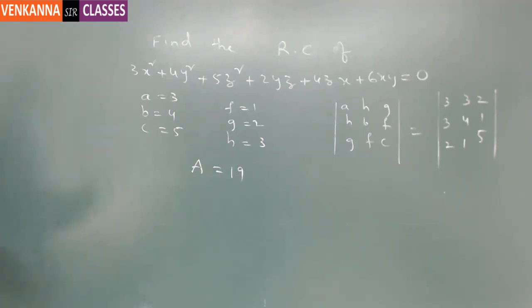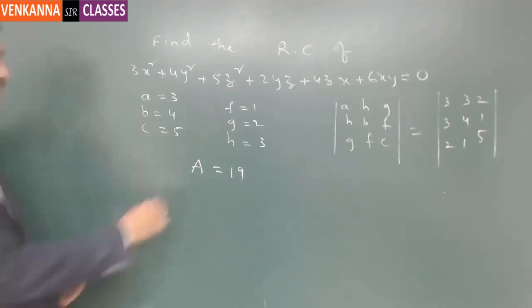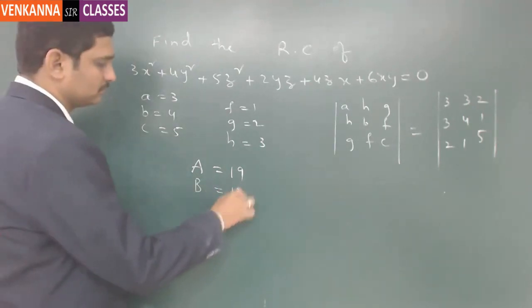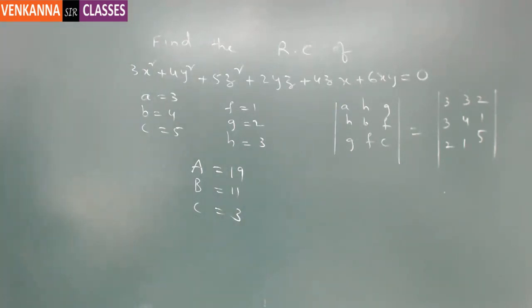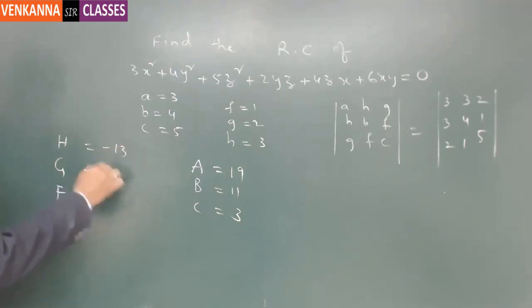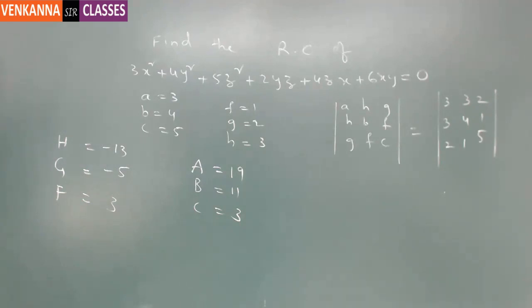And for capital B and capital C, you have B is equal to 11 and C is equal to 3. So if you calculate the cofactors H, G, F, you will have the values -13, -5, 3.